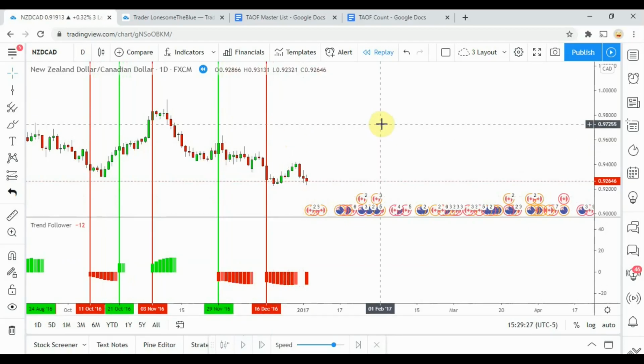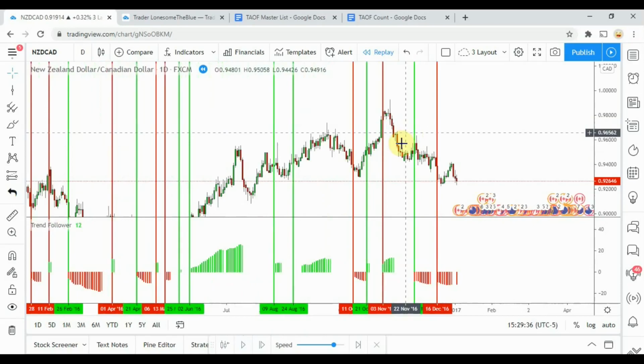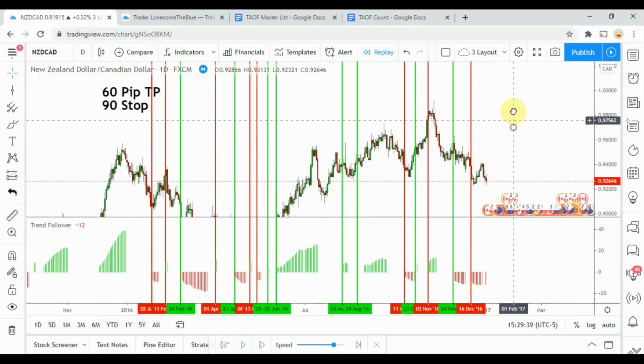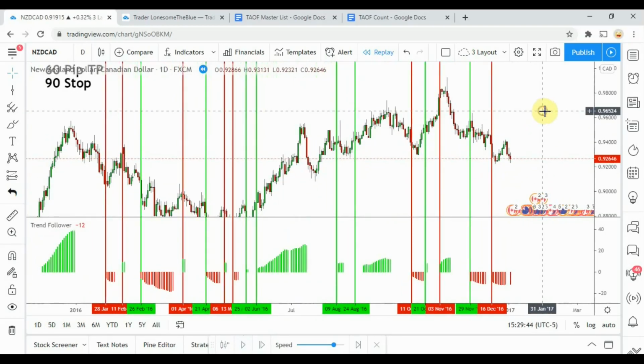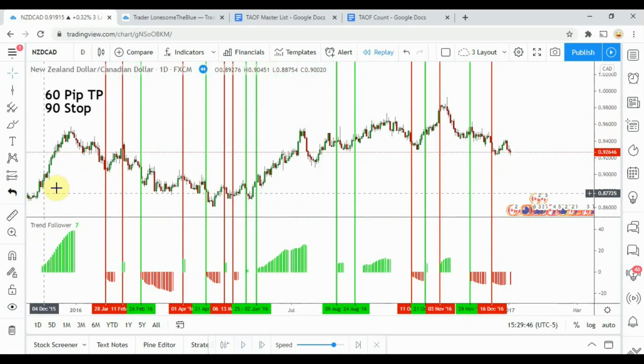And we are at the end of the year there. So let's go ahead and add these up and see what we get out of them. All right, so we have 1, 2, 3, 4, 5, 6, 7, 8, 9, 10, 11, 12, 13, 14, 15, and 16.